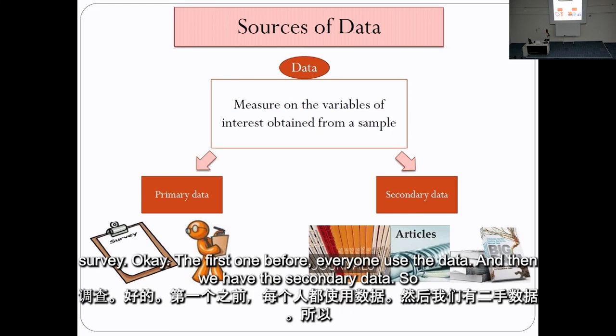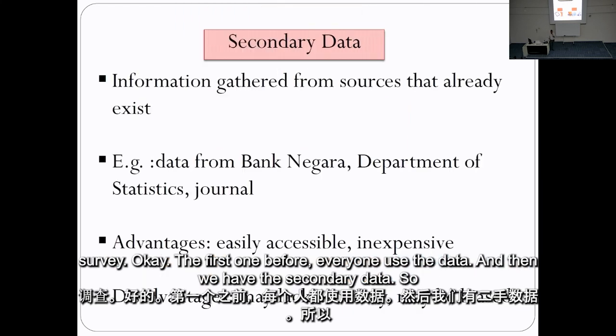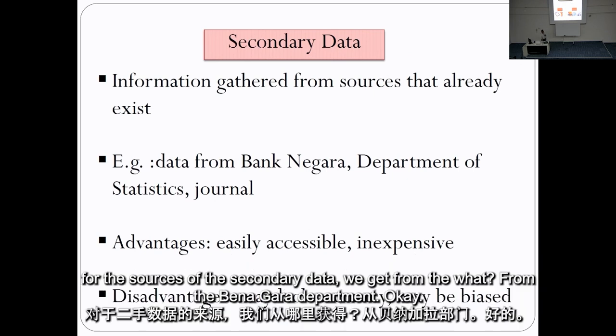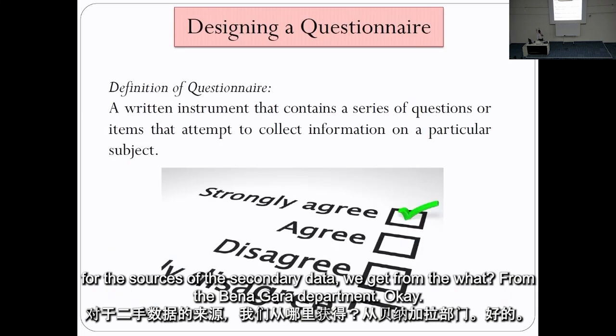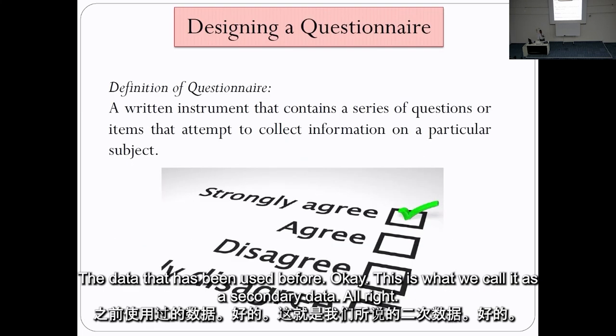It is from the survey, the first time anyone uses the data. For secondary data, we get it from, for example, Bank Negara, the data that has been used before.